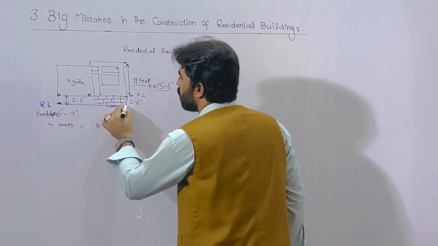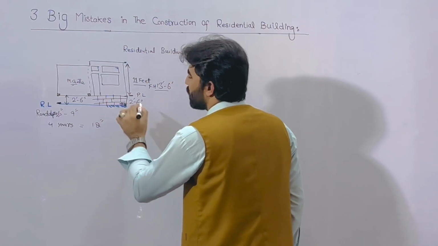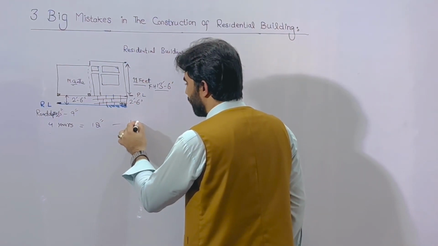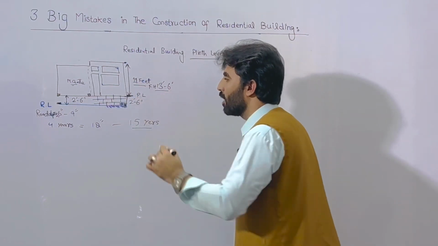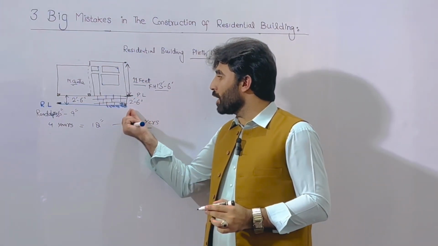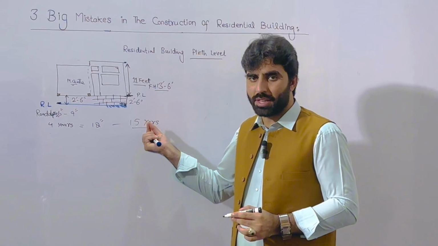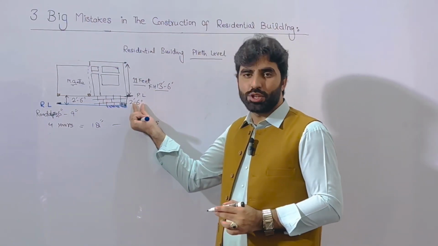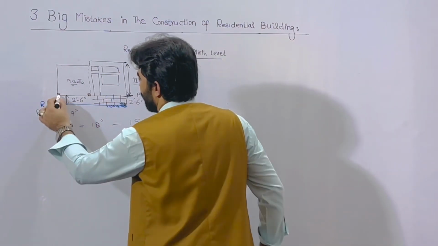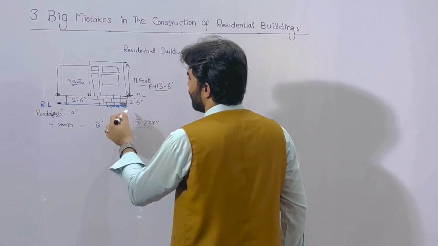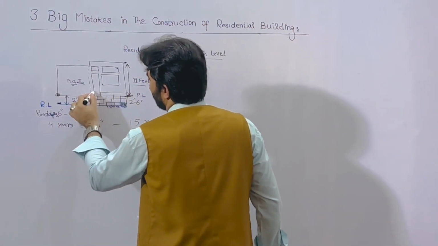So when they go to the upward side, within 15 years they come to this plinth level. Therefore, when you keep the plinth level higher than this, you will be safe. Otherwise, one day, for example after 15 or 16 years, the road level will be here.